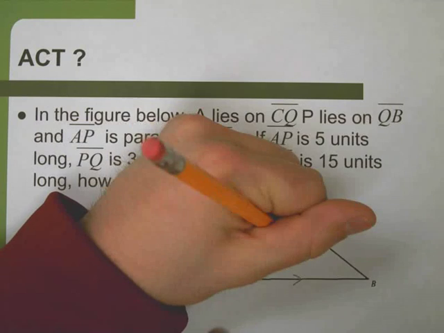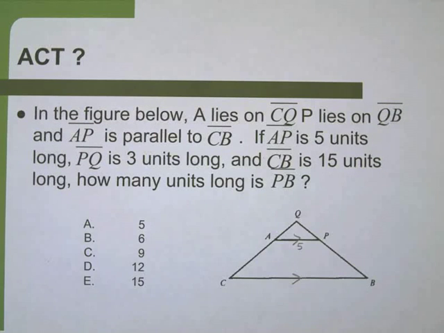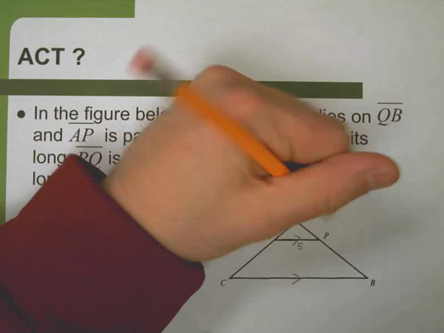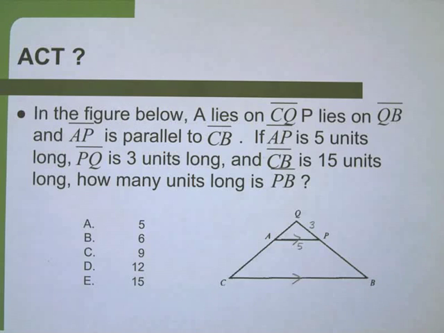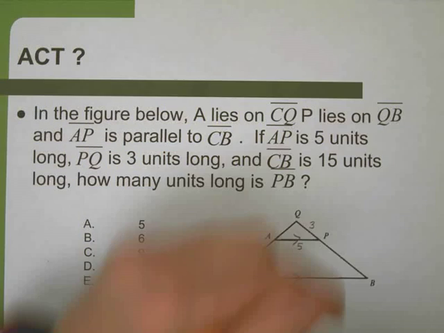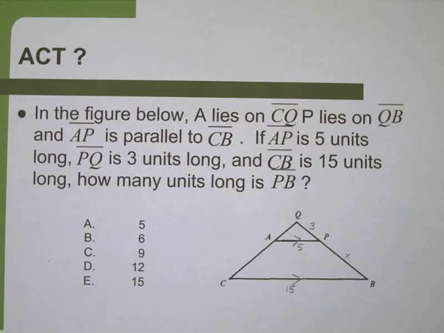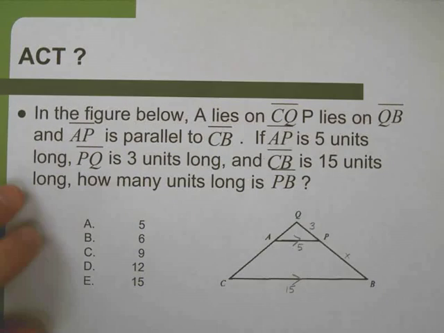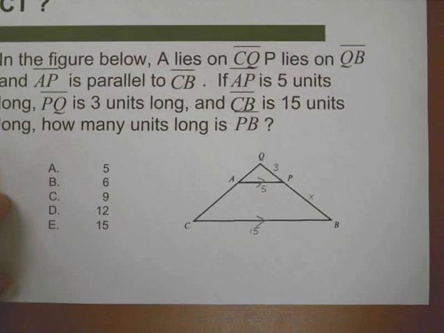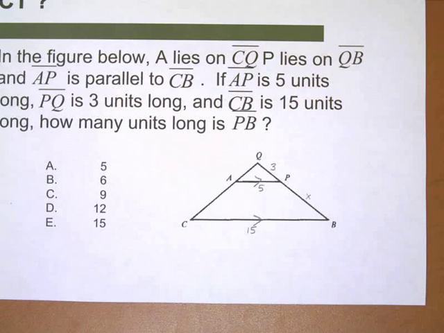If AP is 5 units long, and PQ is 3 units long, CB is 15 units long, how long is PB? X. That's what we're going for, right? So here's our diagram. This is what we're trying to figure out.